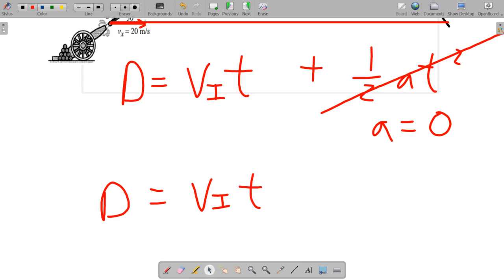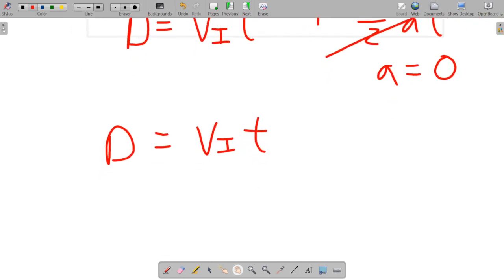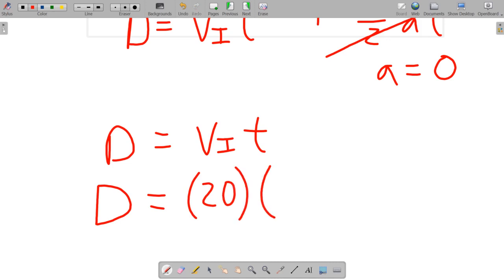Well, as we see here, we're given the initial velocity in the x direction, which stays constant. So the initial velocity is 20 meters per second. And we just found the total time the ball is in the air, the total time in free fall. So all we do is just multiply those two numbers to get the horizontal displacement. In other words, the distance in the x direction. So distance is equal to initial velocity of 20 multiplied by the total time the ball is in the air, 2.35 seconds.